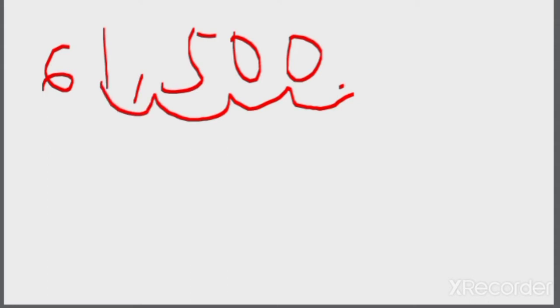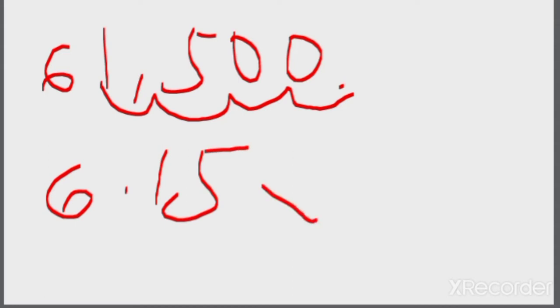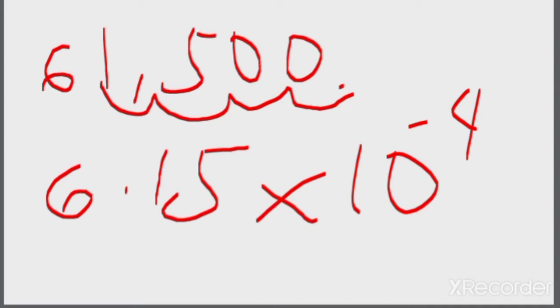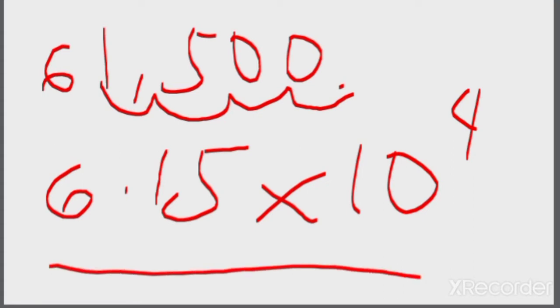So we have 6.15 times 10 to the power of negative 4. I mean positive 4. So this is our scientific notation. The exponent is positive. It's because our original number is greater than 1.